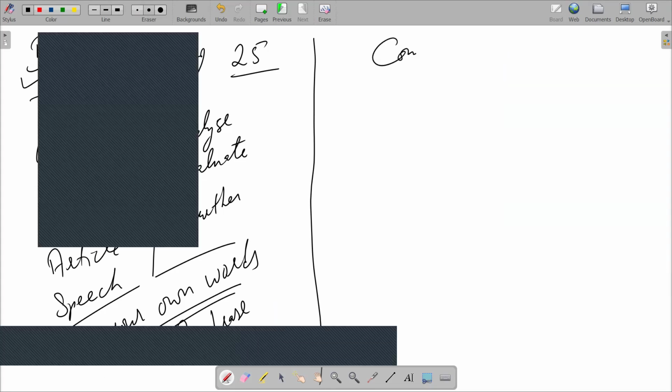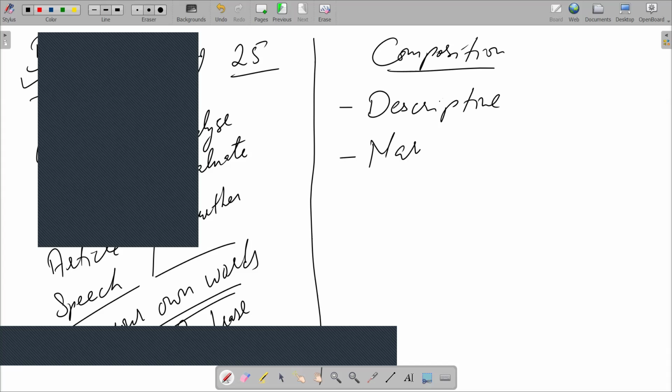Lastly, we have the composition, where you will have to write either a descriptive piece, descriptive writing, or a narrative.